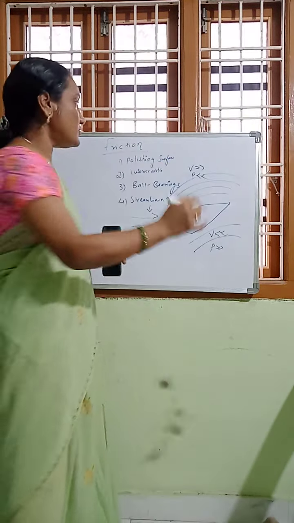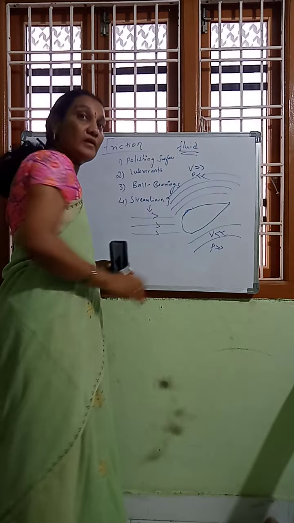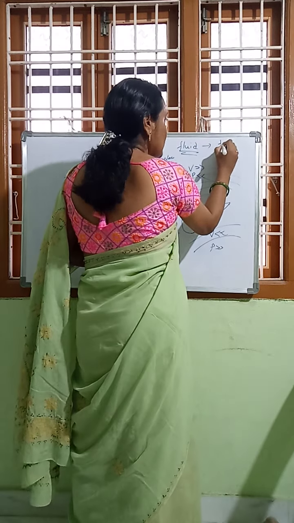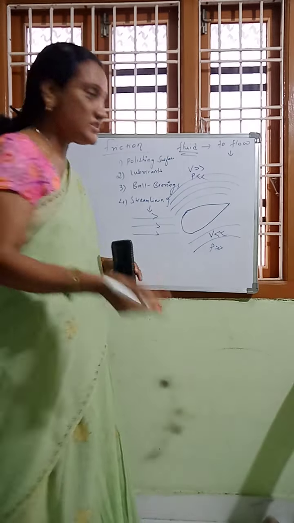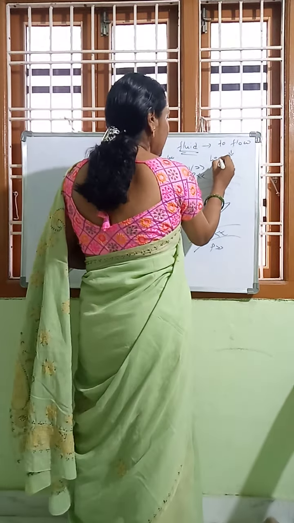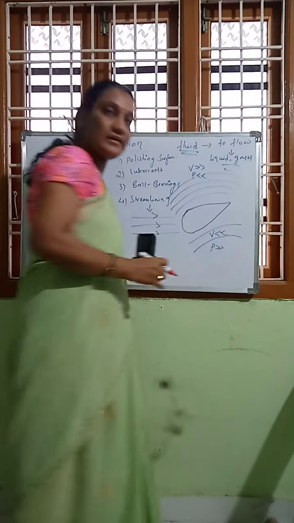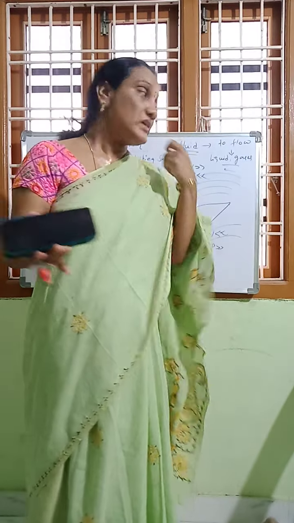Now I used the word fluid. Fluid, in the general English meaning, is something that flows. What flows? Liquids and gases. The combination we call fluid. So fluid means either liquid or gas.